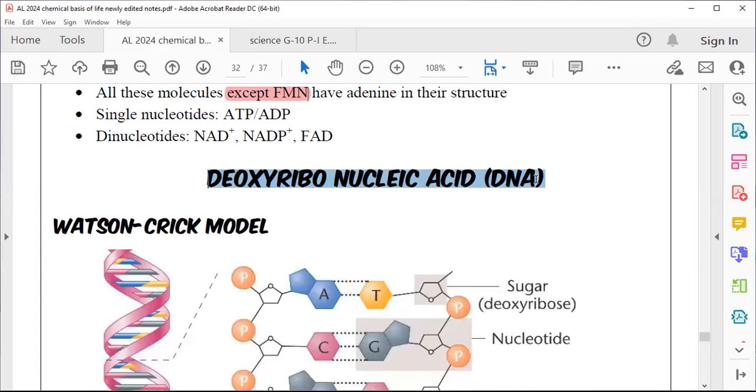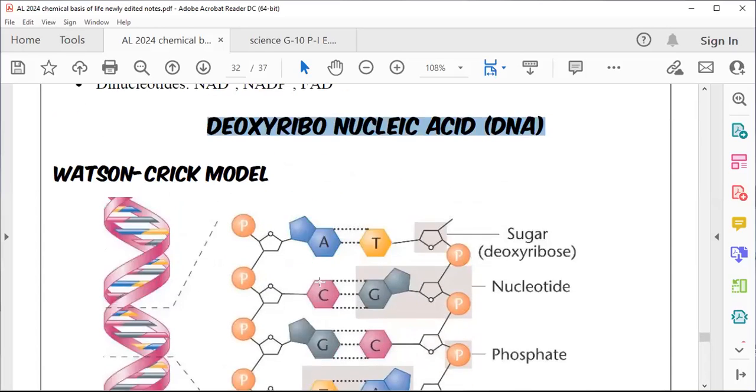Now, getting back to the main tute, what is the heading for you? Deoxyribonucleic acid, shortly called DNA.